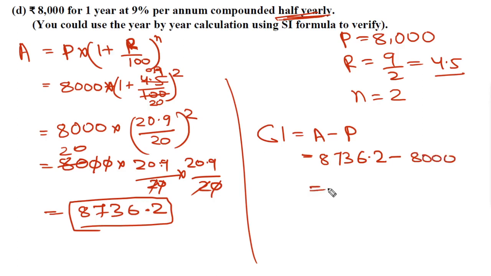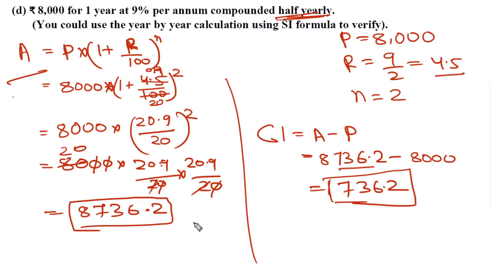So it will be equal to 736.2. So this is the compound interest, 736.2, and your amount is 8736.2. So this is the solution. Now we'll move to the next question.